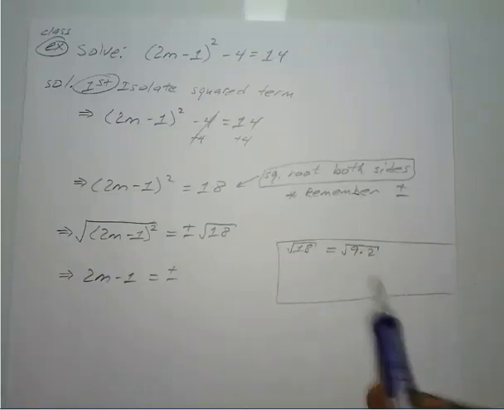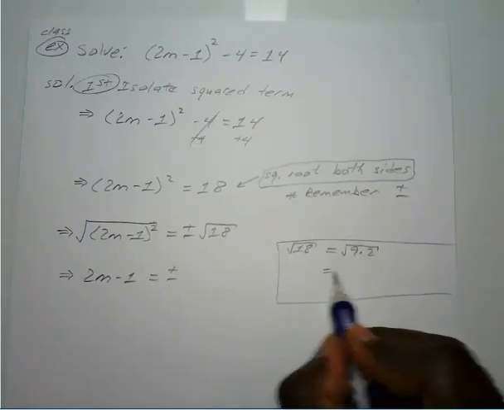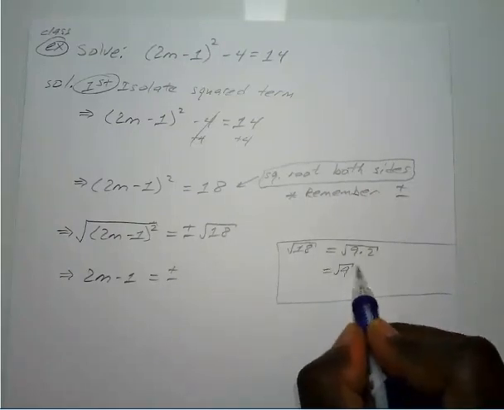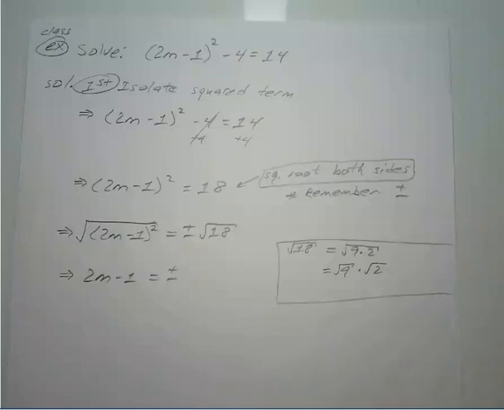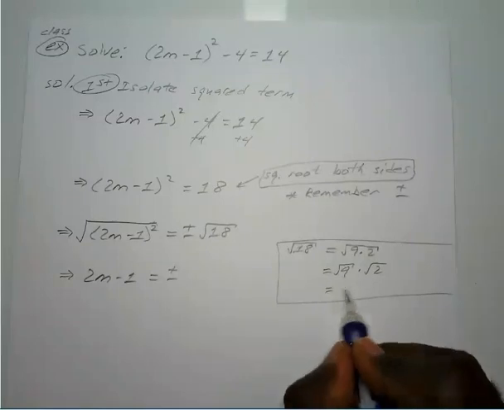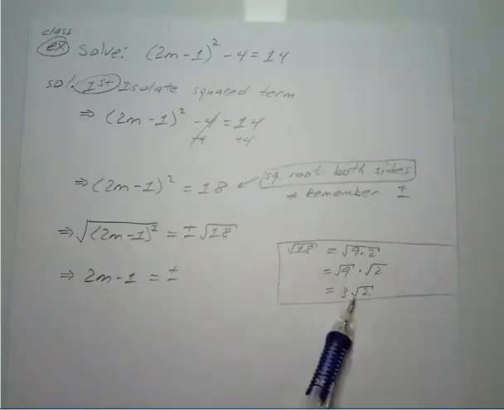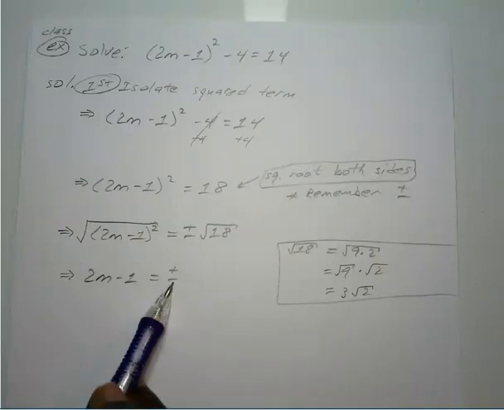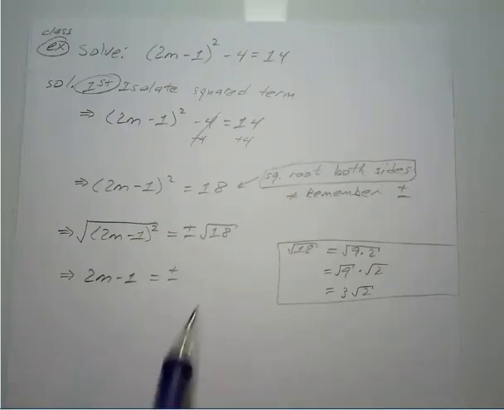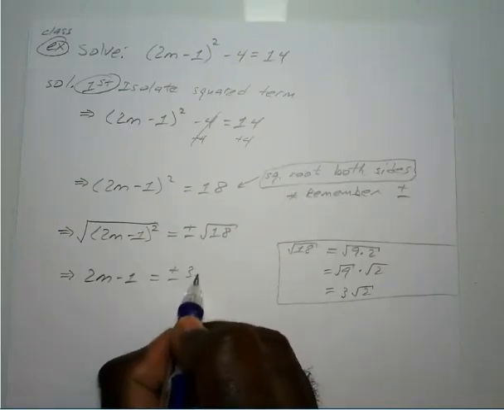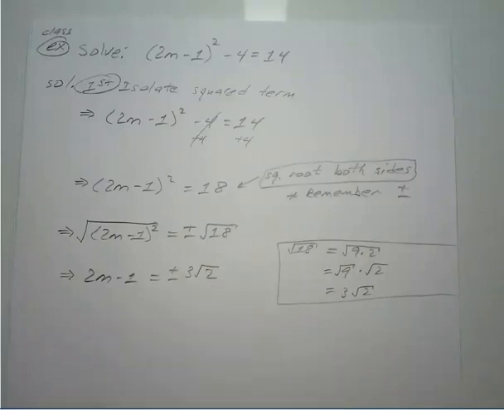Since that's factored out, we can go ahead and just separate those two. So you have square root of 9 times square root of 2. Square root of 9 is equal to 3, so that leaves us with 3 square root of 2. So square root of 18 is equal to 3 square root of 2. So that leaves us with plus or minus 3 square root of 2.